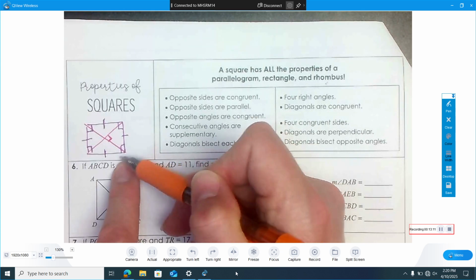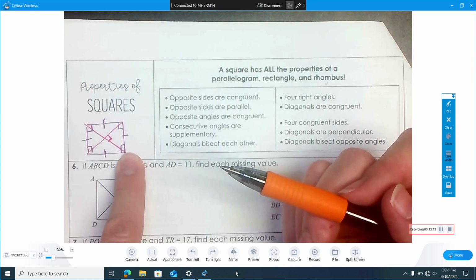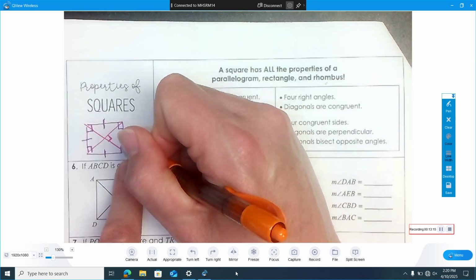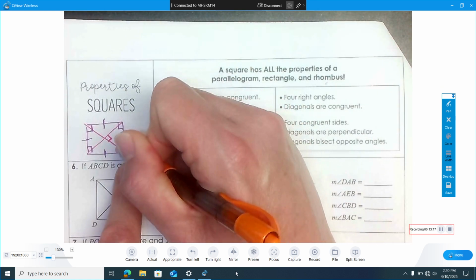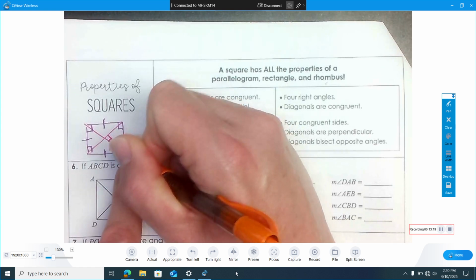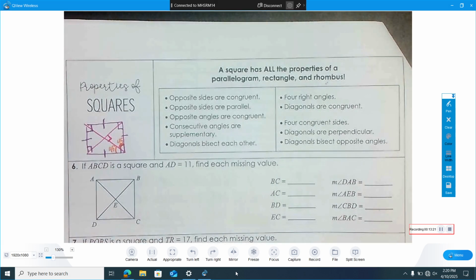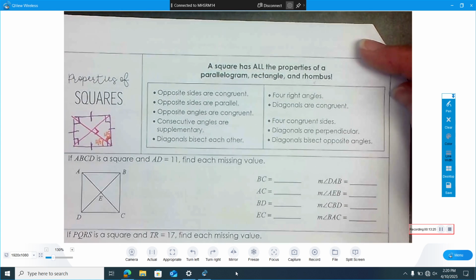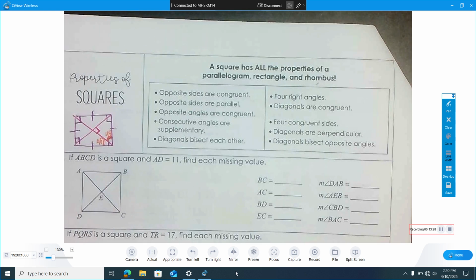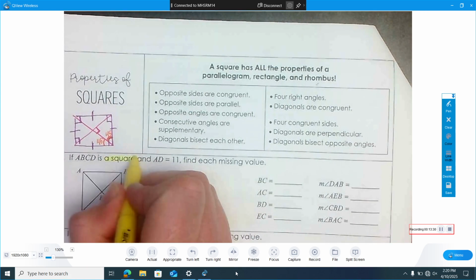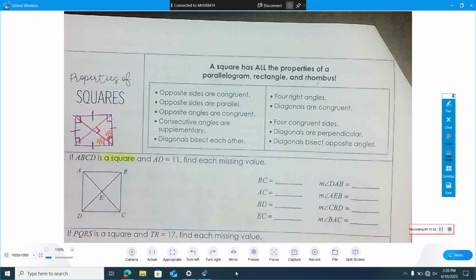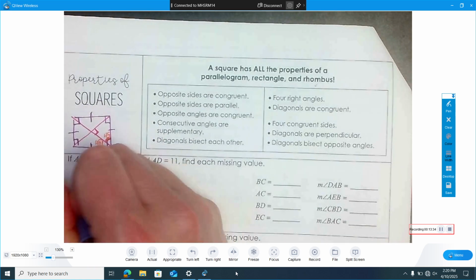If we know our corner is 90 degrees and our diagonal bisects it, what is each little baby angle down here? 45. All right, so all these little baby angles are 45. So let's look at number 6. ABCD is a square, and AD is 11.